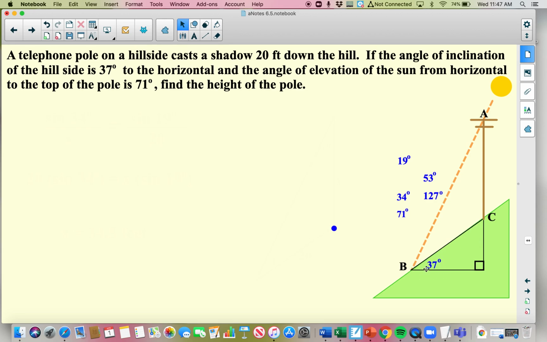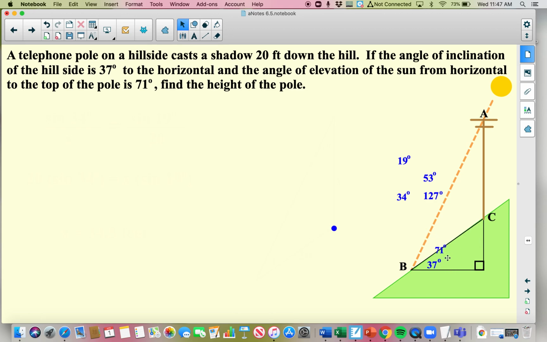So the inclination of the hillside is 37, from the horizontal to the hillside. Then the angle of elevation of the sun, from the horizontal to the top of the pole, is 71 degrees. That means this whole angle is 71.